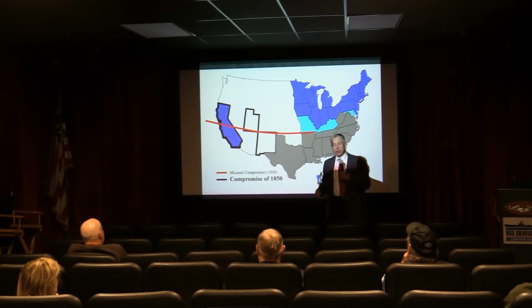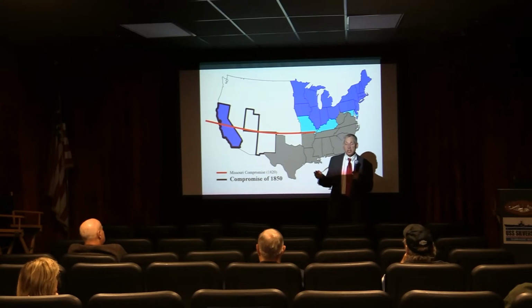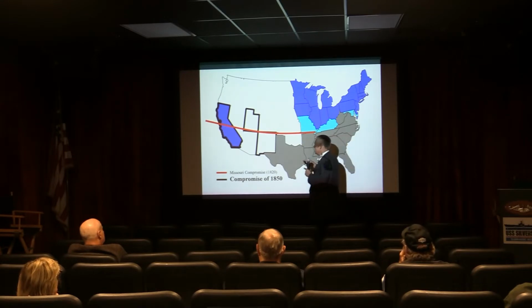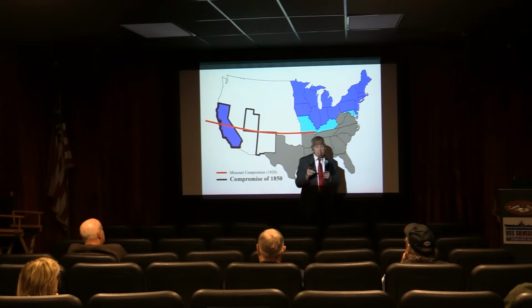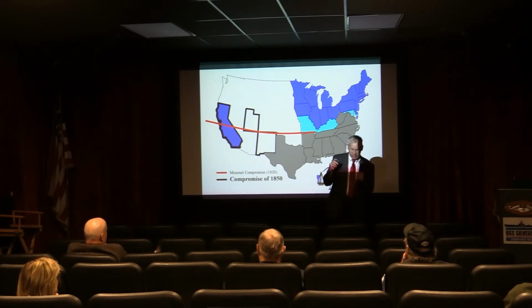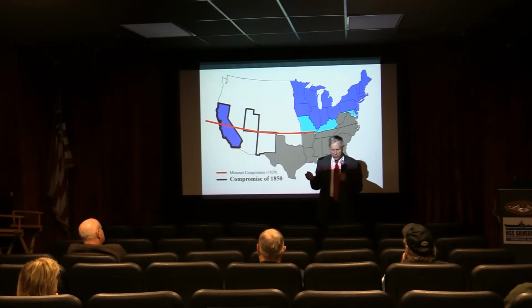The other two, Utah and New Mexico, would not even approach statehood until many years later, towards the end of the 19th century and as late as, I think, 1912 for New Mexico. But the idea was proffered by Congress that the people decide when the time comes whether or not they would come in as free or slave.